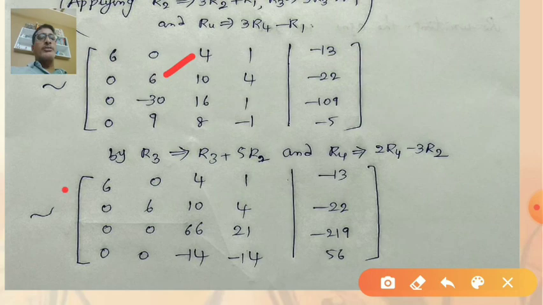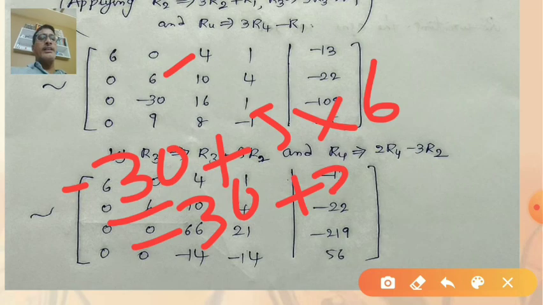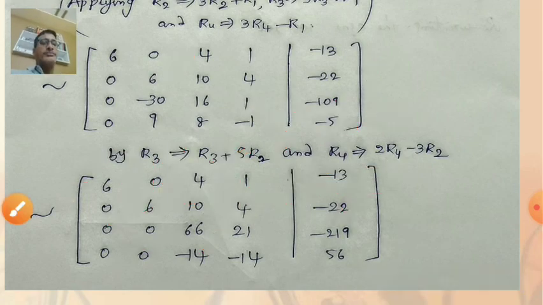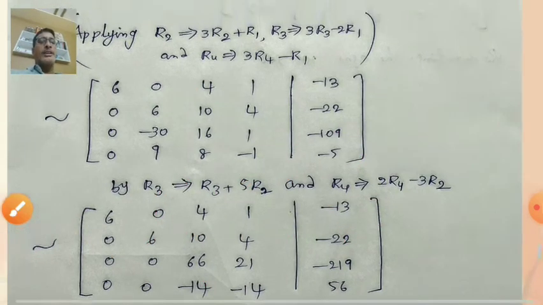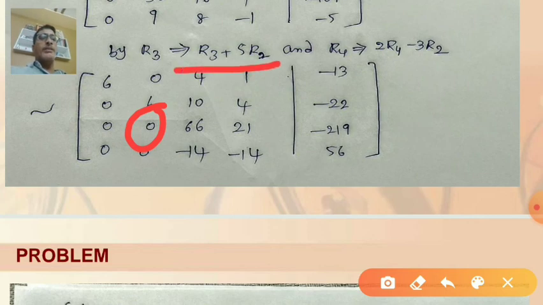R3 plus 5R2 means minus 30 plus 5 into 6. You will get minus 30 plus 30, and this is 0. And hence you will get 0 here. So applying the same operations to the remaining elements also, we will get like this.